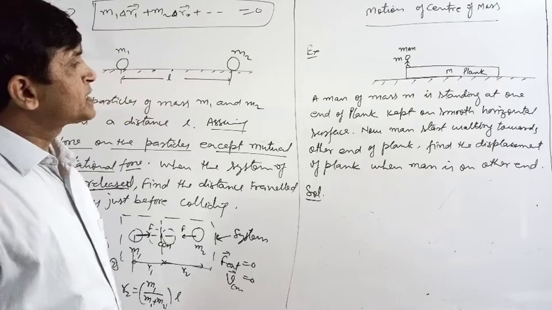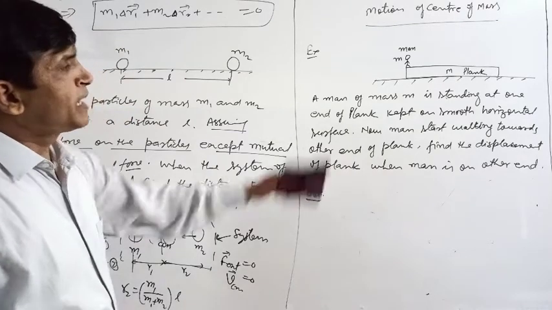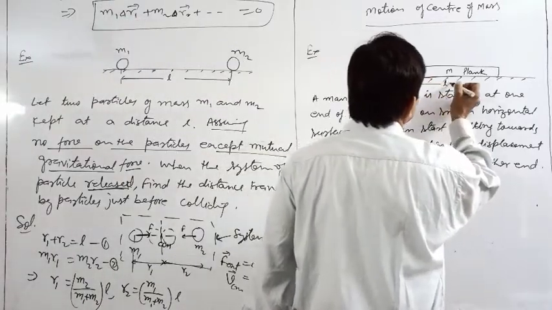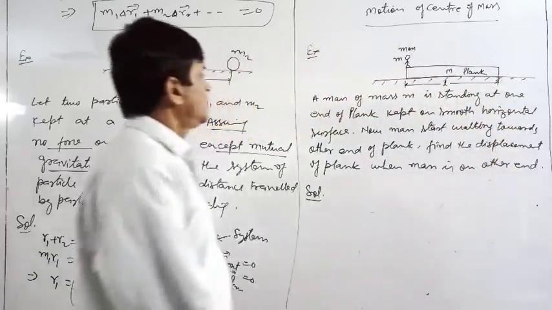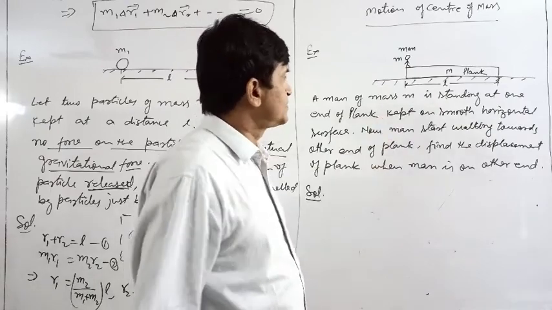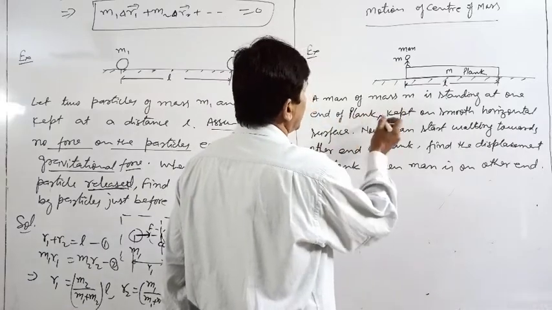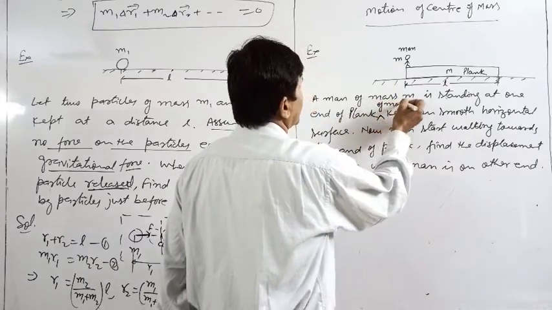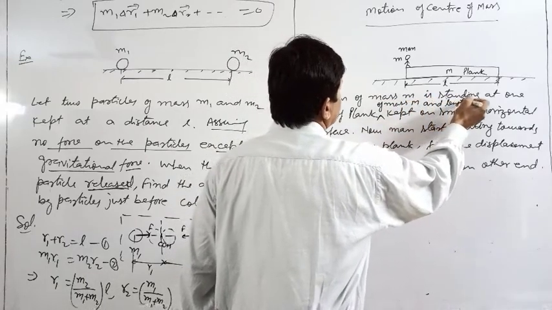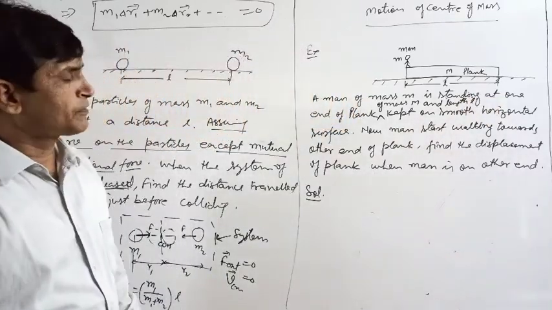A man of mass small m is standing at one end of a plank having mass capital M and length L, kept on a smooth horizontal surface.